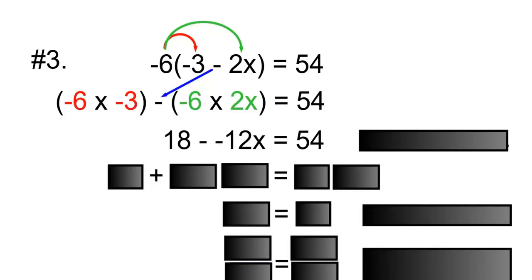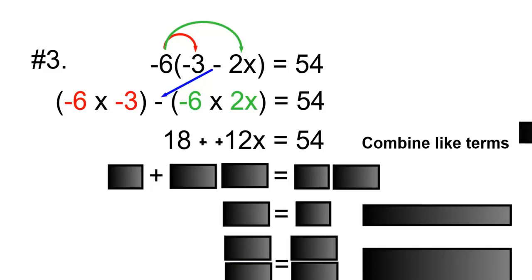Since you have two negative signs, we'll add the opposite. So that can be written as 18 plus 12x equals 54. Next, we'll combine like terms. The like terms will be the 18 and the 54.